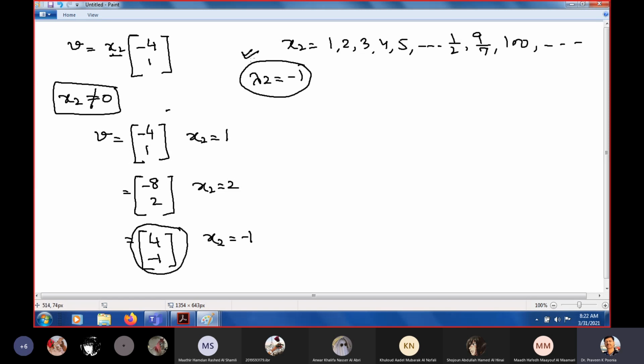So there is only one eigenvalue, but eigenvectors are many. 1, 2, 3, and you can find so many vectors. So for one eigenvalue, there are many eigenvectors possible. Please remember, there are many eigenvectors possible.